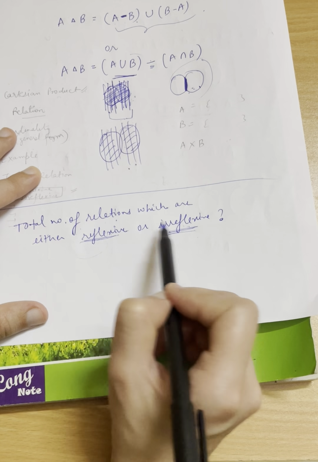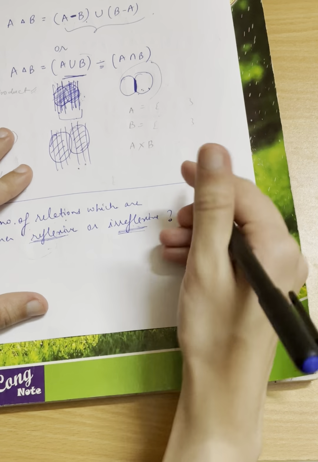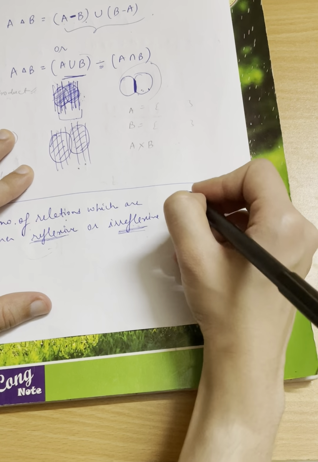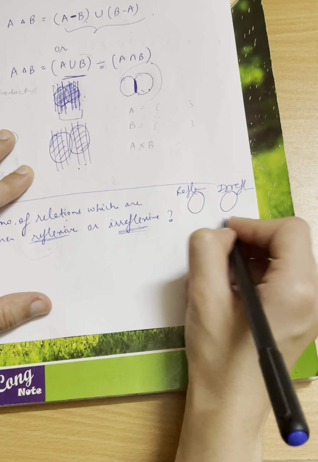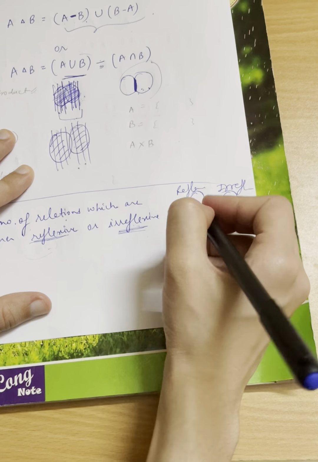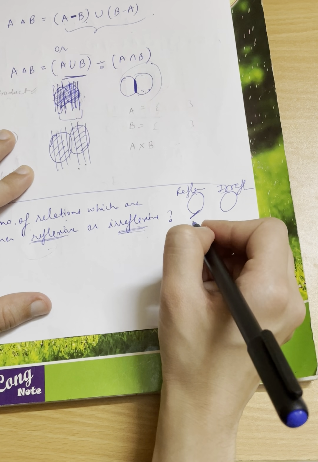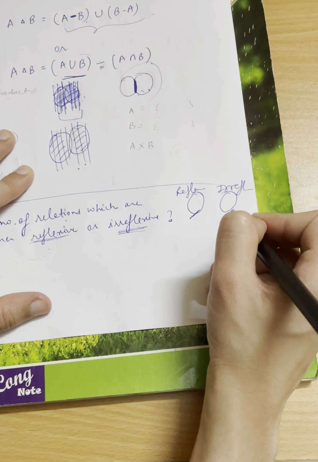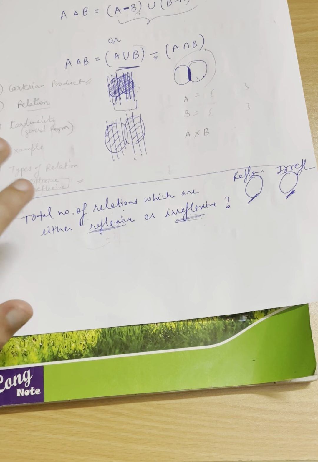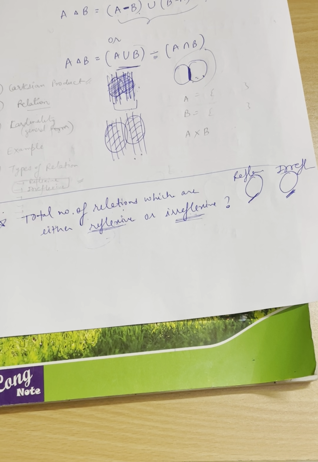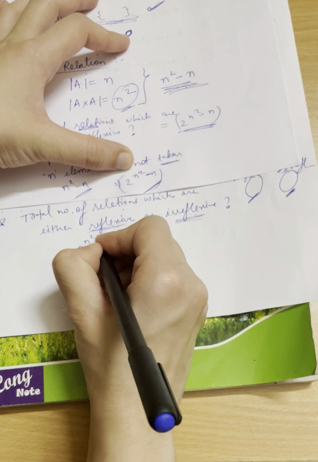So if you join those two, because these two relations are disjoint, meaning there is nothing common between these two relations. If this is reflexive, then this is irreflexive. There is nothing common between them, because one says x comma x should be present for all x belongs to A, and one says x comma x should not be present for all x belongs to A. So you already found the total number of irreflexive relations, which are 2 power n square minus n.